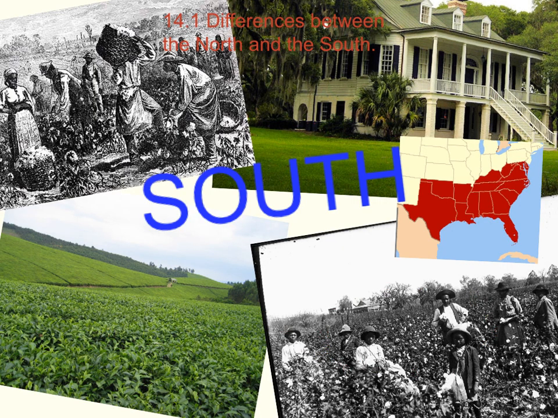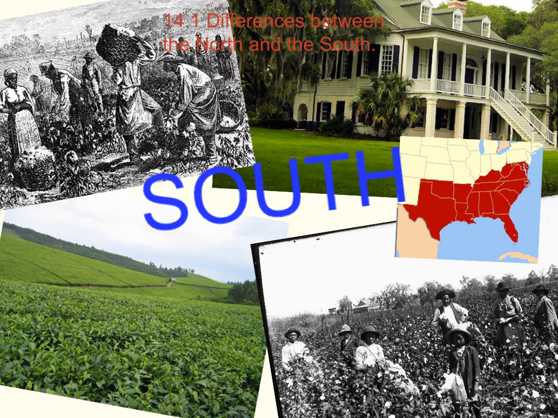Plantation owners, though, made up a very small percentage of the South. Just about 1% were actually plantation owners. But that 1% were the upper class. They were the political, social, and economic leaders, and they by far owned the most slaves. Actually, most Southerners did not own slaves.